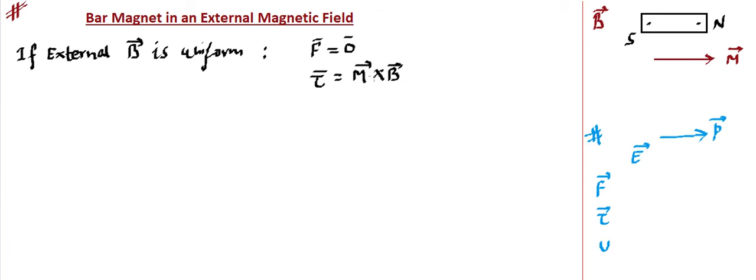If you want to prove it, you can prove it very similar to the case that we had over here. We need to say that's a monopole, that's another monopole, that's a field. If you apply any field, then you'll find forces acting, then you can do the torque calculation, or otherwise you can compare them, that's also sufficient. Similarly, when we calculate this energy stored, it's going to be minus M dot B. Here what is going to be the reference location?